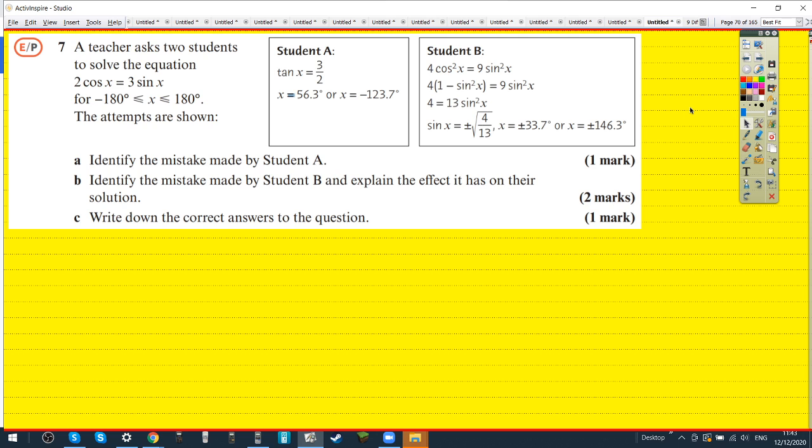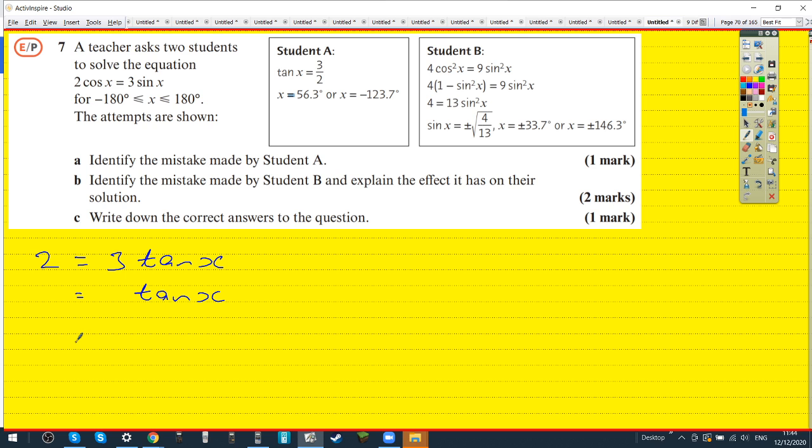Yep. Which gives you 2 equals 3 tan x. And then you could just put that into the calculator. What would tan x be equal to? Just tan x.